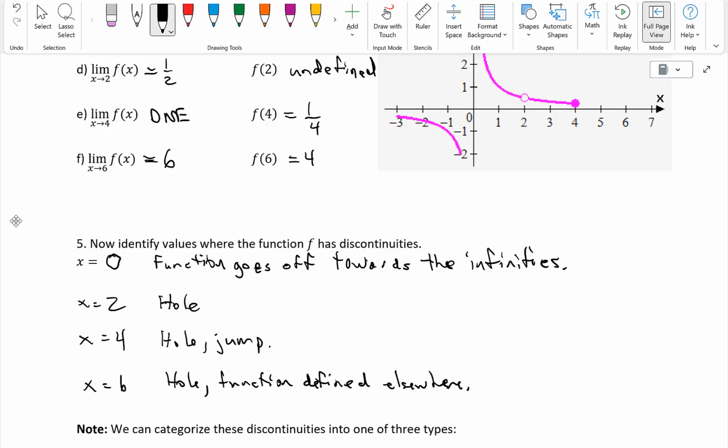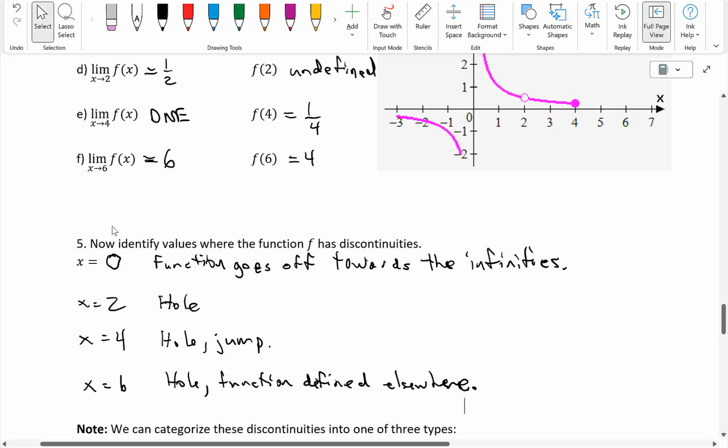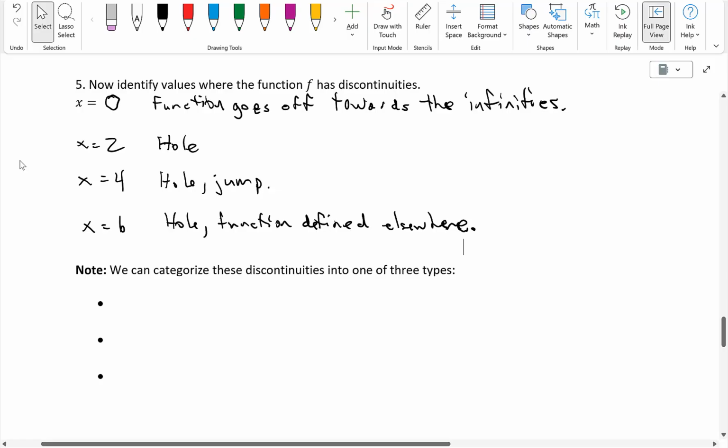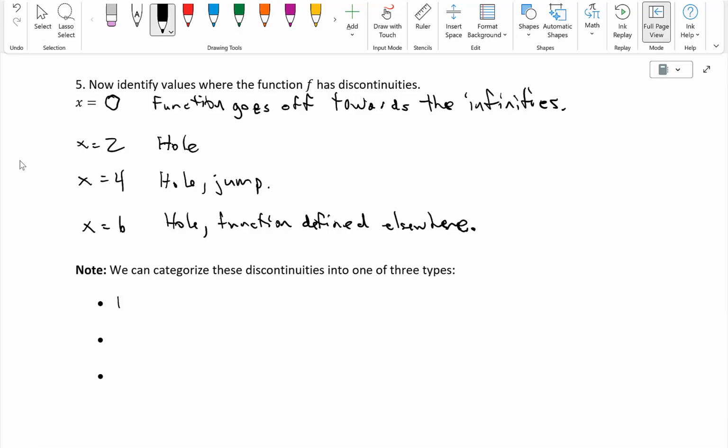Your big takeaway from this is just where we do have breaks in the graph. And we'll add a little extra info below here for types of discontinuities, which we can pull from what we wrote in words for x there. So note we can categorize these discontinuities into one of 3 types. We have infinite discontinuities.